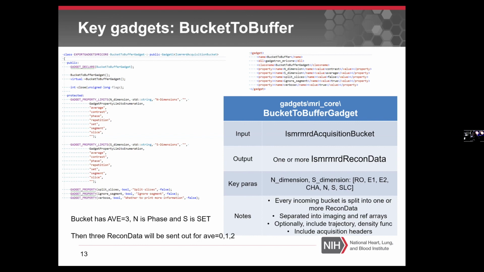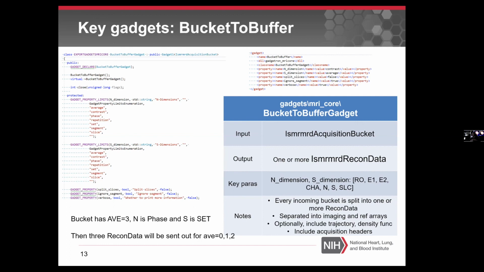Another comment is that every Recon data separates the imaging data and the reference lines into two 7-dimensional arrays. It's possible that some dimension of the reference is 1.